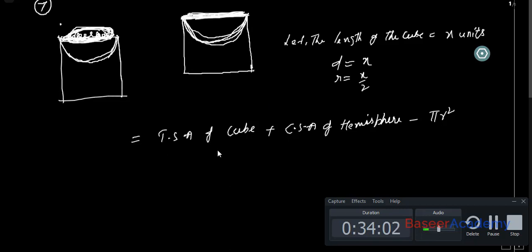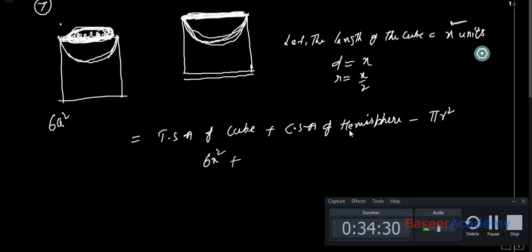Total surface area of cube is 6a square, right? The formula for finding the total surface area of cube is 6a square. A is nothing but the side of the cube. The side of the cube we denoted by x, so it will become 6x square. In place of a, I'm writing x, because we assume that the length of the cube is x.